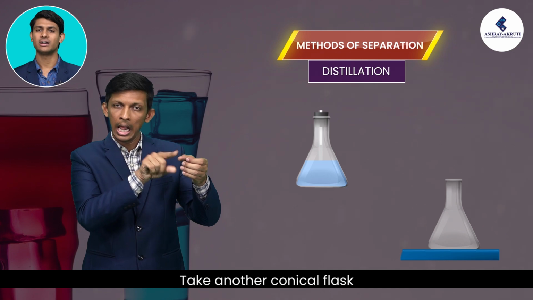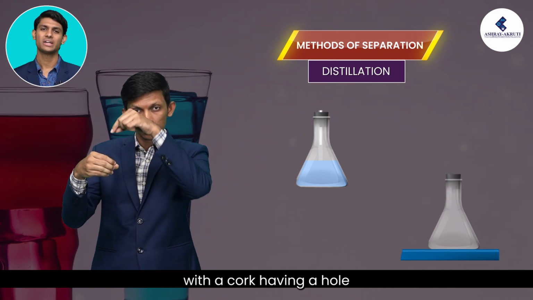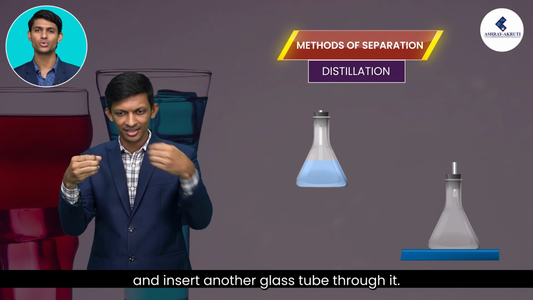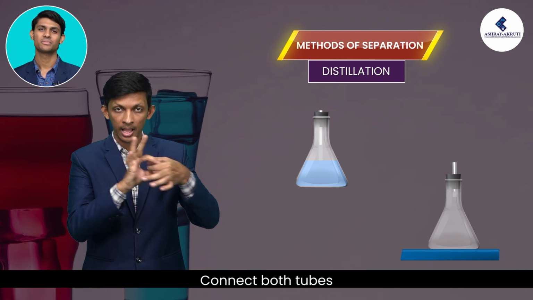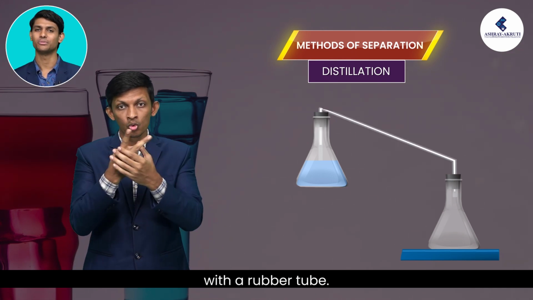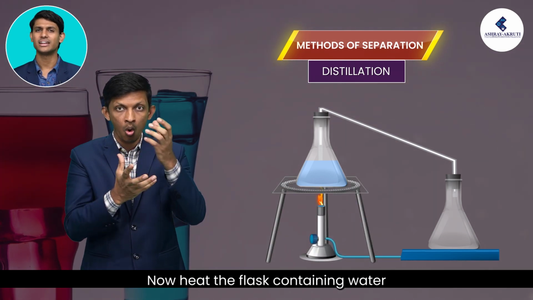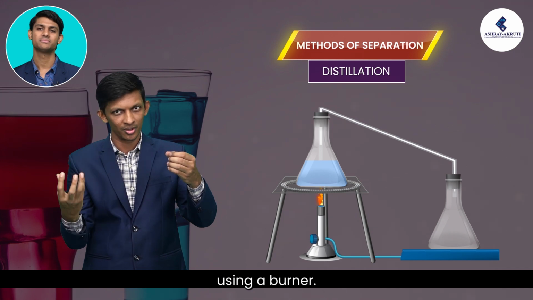Take another conical flask with a cork having a hole and insert another glass tube through it. Connect both tubes with a rubber tube. Now, heat the flask containing water using a burner.